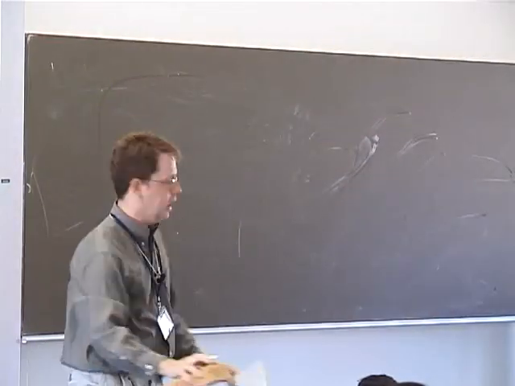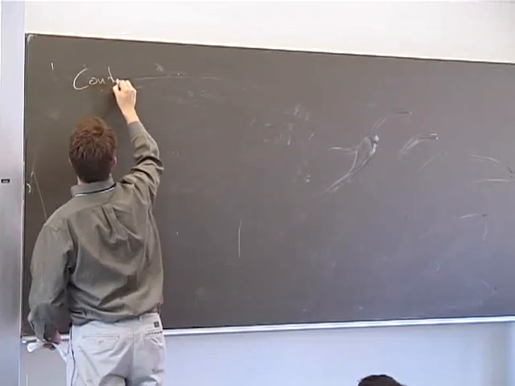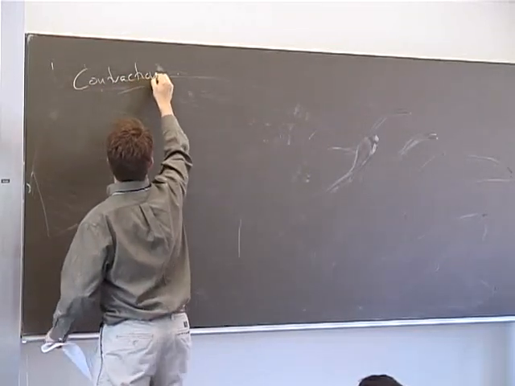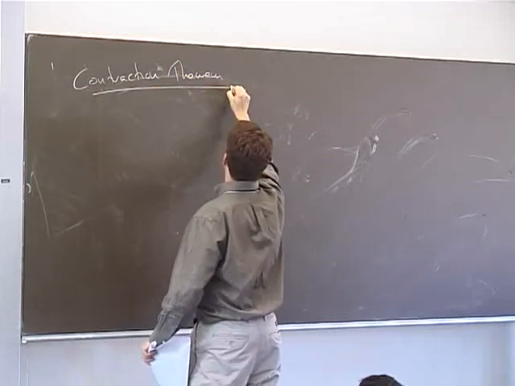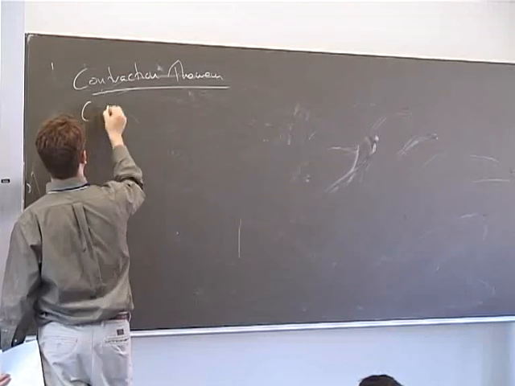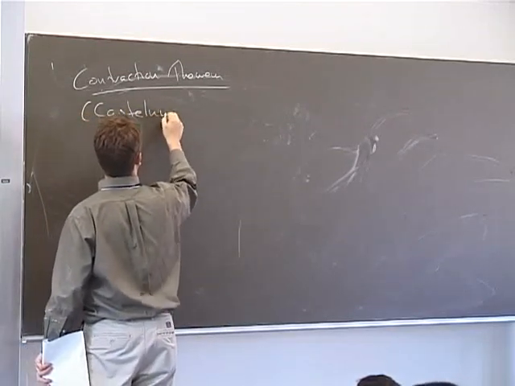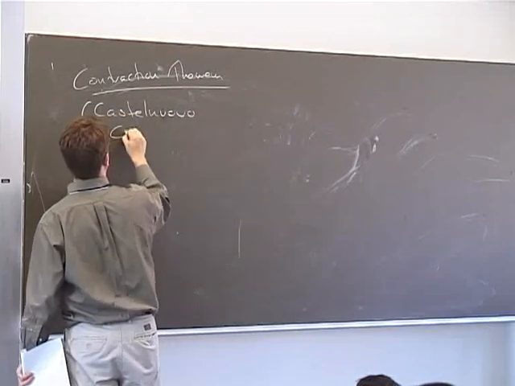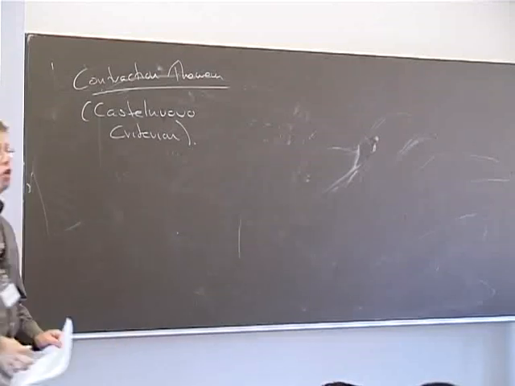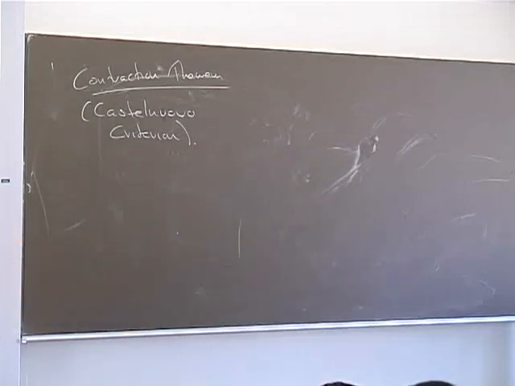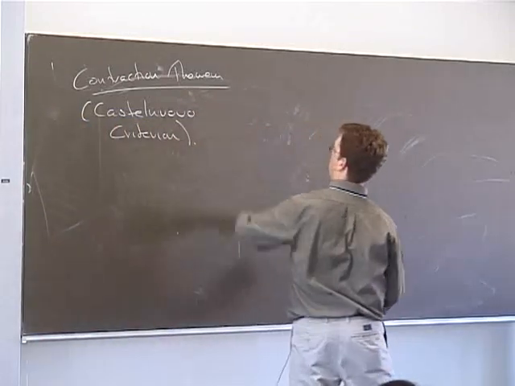So this is the second part. This is a modern version of the Castelnuovo criterion. Castelnuovo's contractibility criterion fits into this picture.